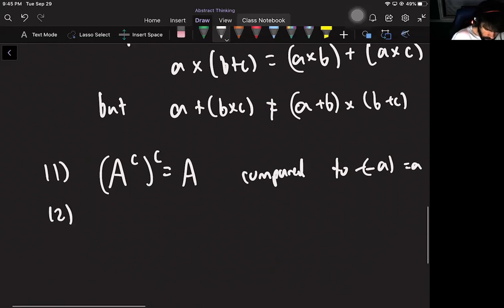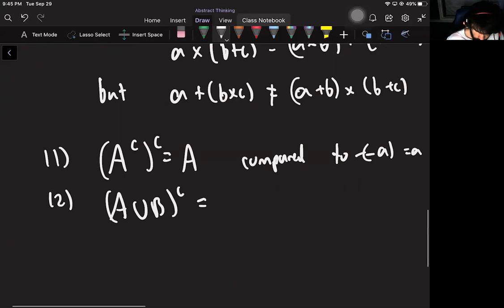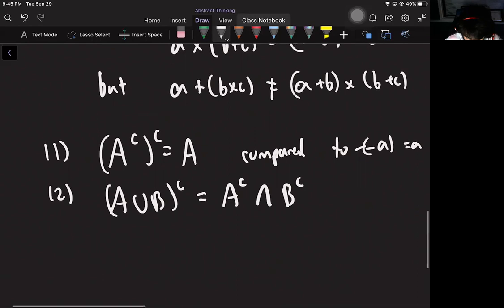And then the weirder one is how do you distribute a negative across the operation? This is very much like De Morgan's law for logic, which was instead of the C, a negation. What it did was it negated each term and then flipped the operation. And that's what it does here too.